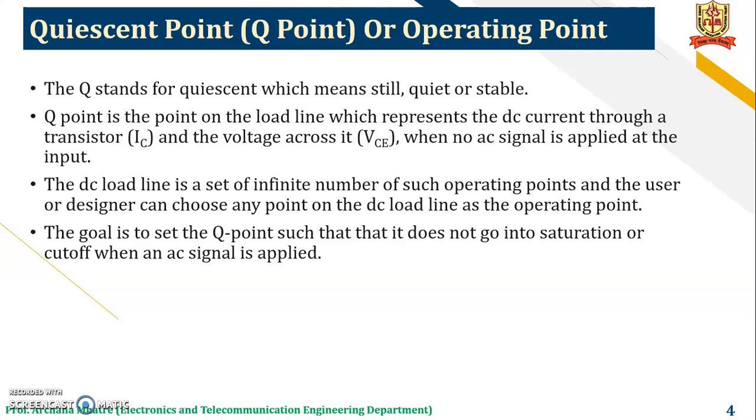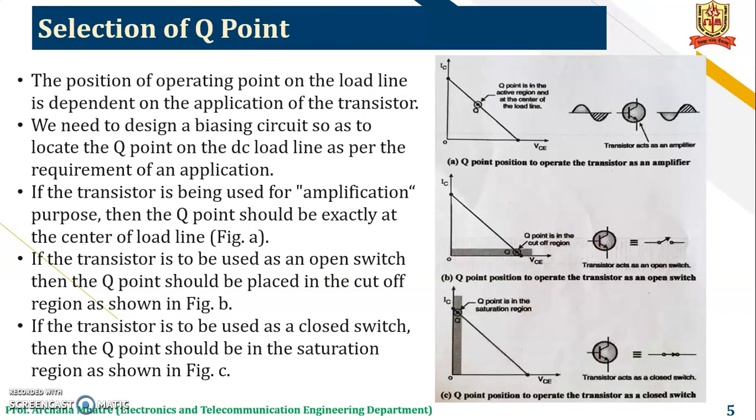The DC load line is a set of infinite number of such operating points, and the user or designer can choose any point on the DC load line as an operating point. The goal is to set the Q point such that it does not go into saturation or cutoff when an AC signal is applied.